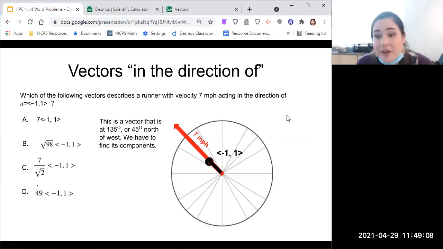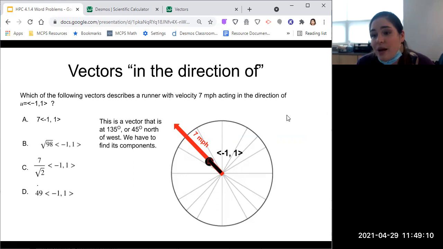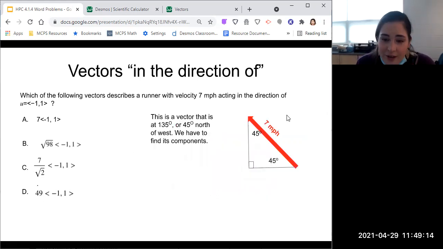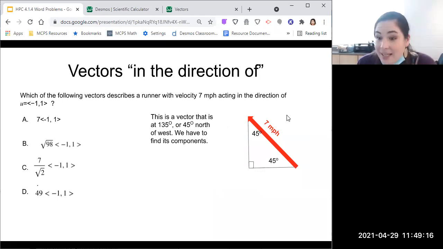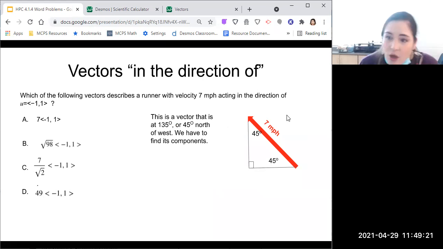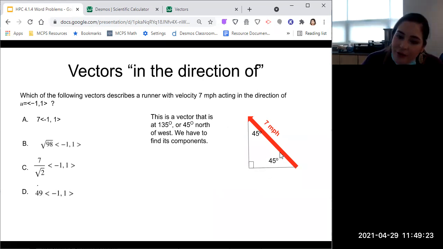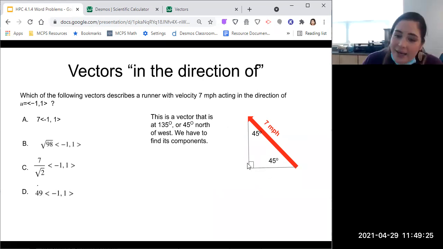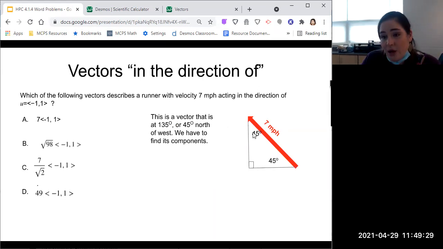So always in trig, we think about, can we drop down an altitude to make that a right triangle and figure out the sides? Yes, we can, right? We just drop down a line perpendicular to the x-axis. We know that this is a 45-degree angle right here. And because this is a right angle, the other angle has to be 45 degrees because we're adding up to 180, right?